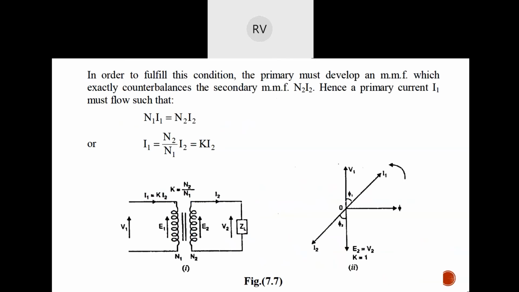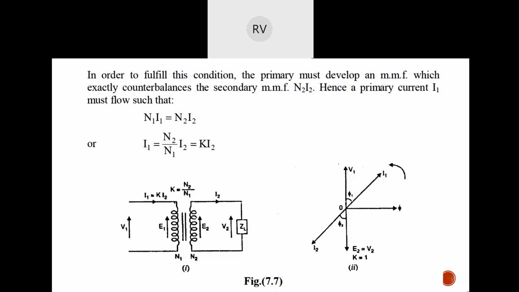Basically, what happens here is, because a current is being set up in the secondary of the transformer, that is I2, an MMF N2 I2 will be set up in the transformer. This N2 I2, whatever MMF is produced, will be opposite to the mutual flux which we had before, that is the mutual flux set up by the primary current I naught.